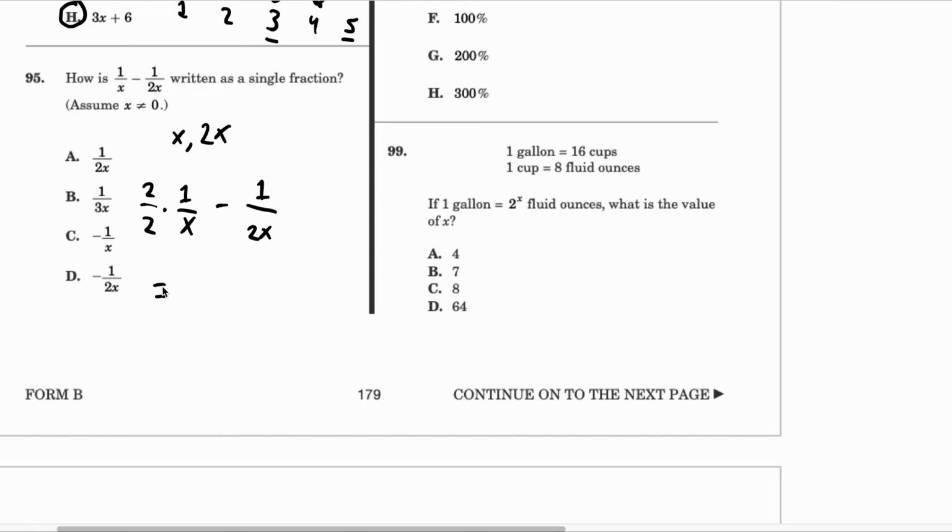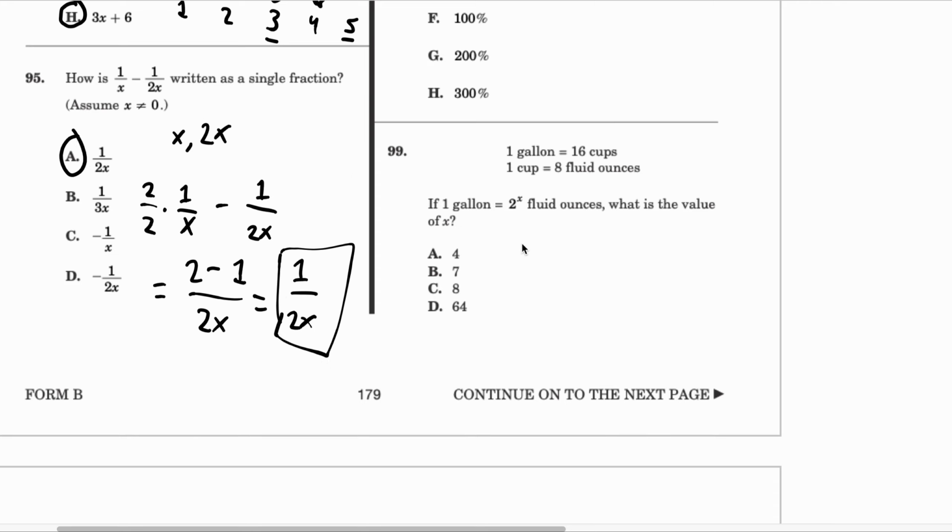So if we do that, we get 2, because 2 times 1 is 2, minus 1, over 2x, because we have that common denominator. So this would just be 1 over 2x, and that's how this subtraction is written as a single fraction. So that would be A.